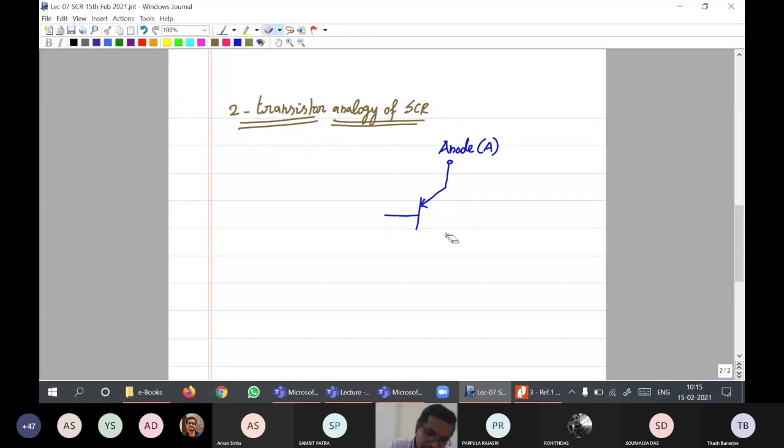Then comes the NPN device, and then the cathode and the gate.